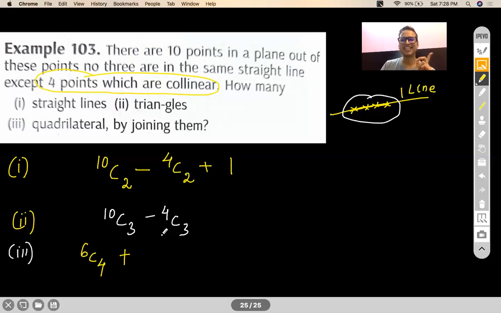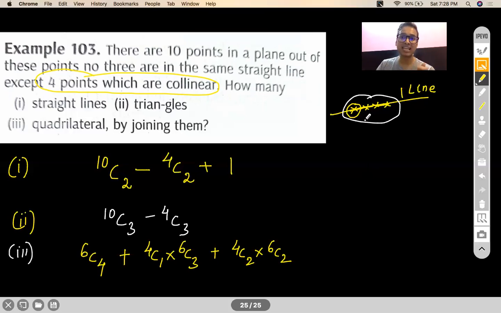Okay. Now, another way to get it, if I pick 1 from here and the remaining 3 from the other 6, correct? Or if I pick 2 from here and remaining 2 from the other 6, correct? Remember, I cannot pick 3 from here.